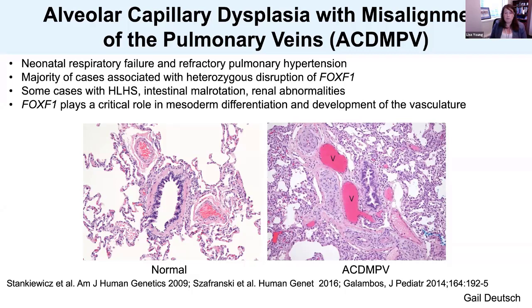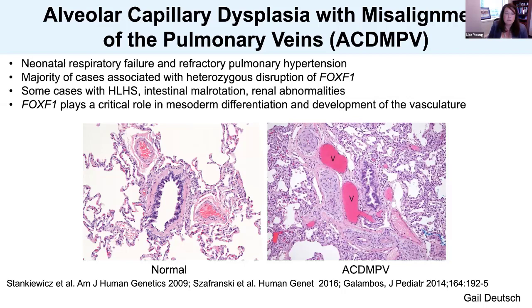Because FOXF1 plays a role in development of vasculature, you may see extrapulmonary manifestations, and the name for it came because of the pulmonary veins being malpositioned, as shown here within bronchovascular bundles. But there's a lot of work going on about whether that's really what causes all of the problems or why we see that and why it can only be patchy.